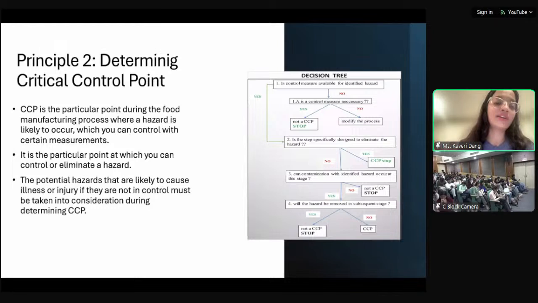Once we have assessed our hazards, next would be determining our critical control point. Now, what is a critical control point? It's the particular point during the food manufacturing process where a hazard is likely to occur, which you can control with certain measurements. It is the particular point at which you can control or eliminate a hazard.